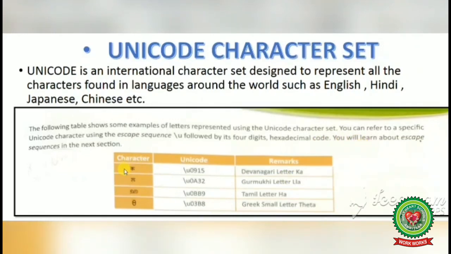See, if we take the Hindi letter K, the Unicode value is \u0915, Devanagari letter. If we take the Punjabi letter L, Lalla, the Unicode value is \u0A32 and it is a Gurmukhi letter. Then there are the Tamil letter and the Greek small letter theta.